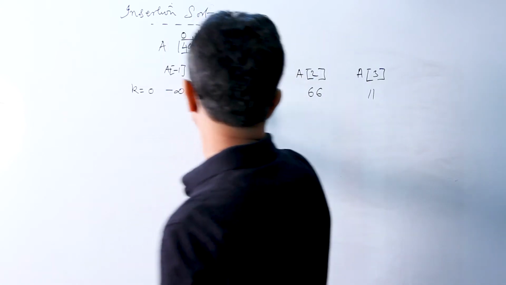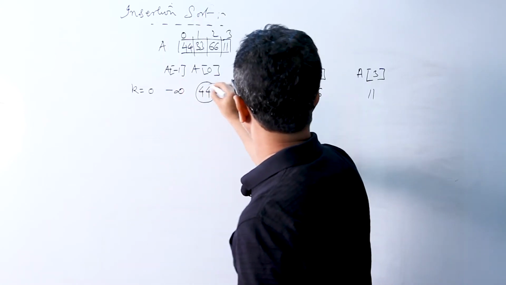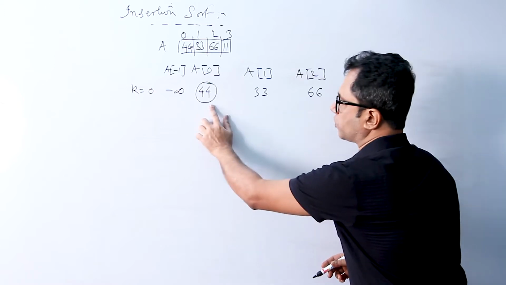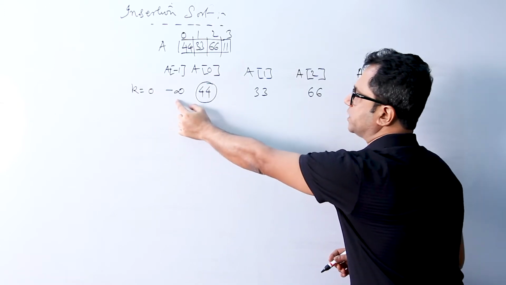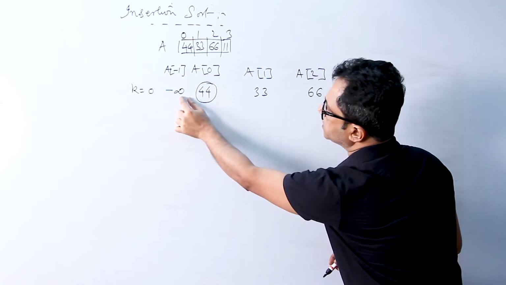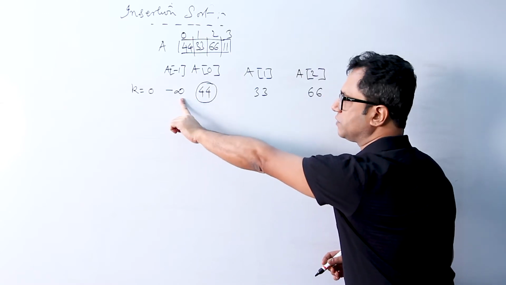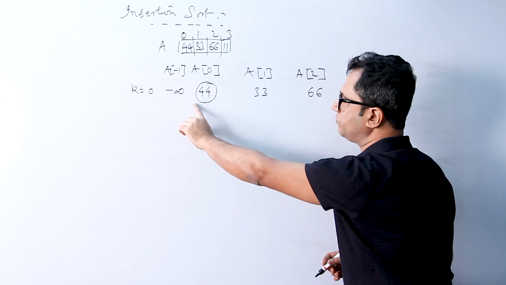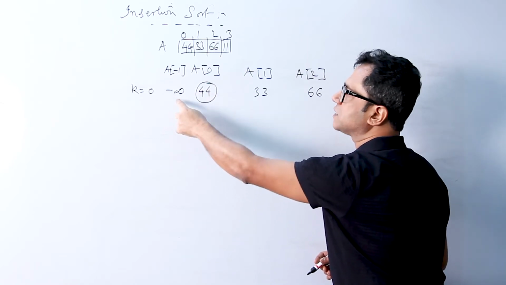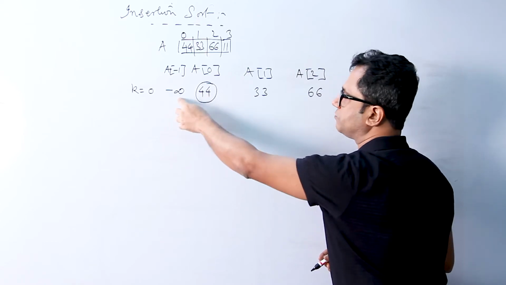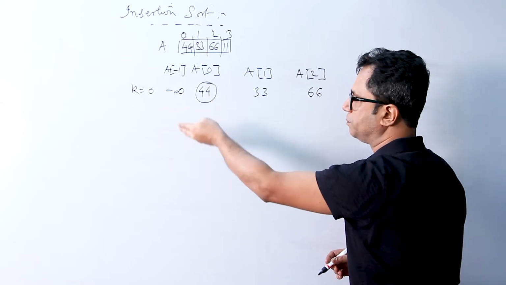Now we encircle this 44 and compare it with its leftmost neighbor. This neighbor is -infinity, which is definitely less than 44. 44 is never less than -infinity, as we were discussing a bit ago.